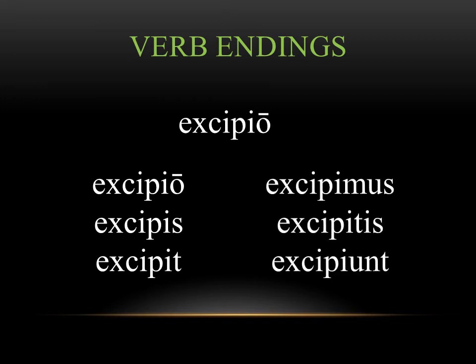And again, remember, since it's a third conjugation verb, that last one, excipiunt, has a UNT. And since it's a third conjugation IO, we're sticking that I there as well. So it ends in an IUNT. Everything else is exactly what we learned. You take the present stem, you flip the stem vowel from an E to an I because it's third conjugation, and we're adding our ending.